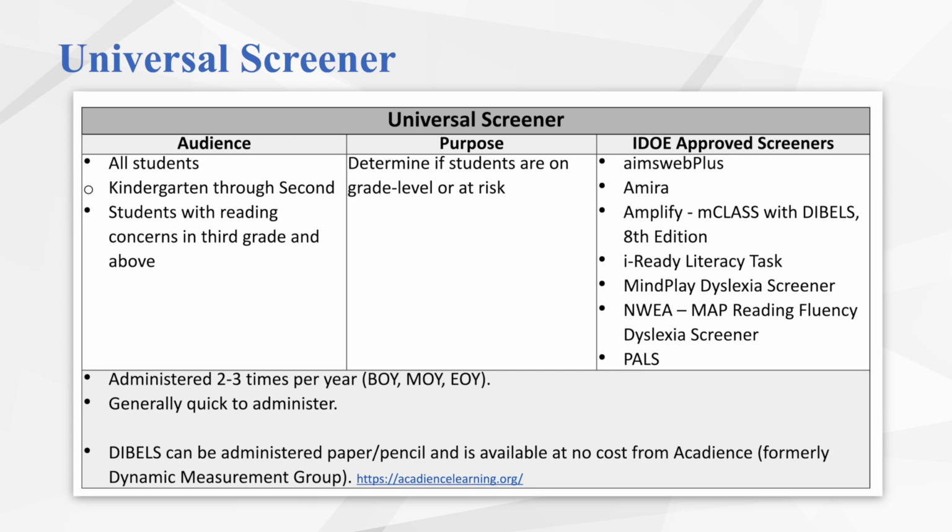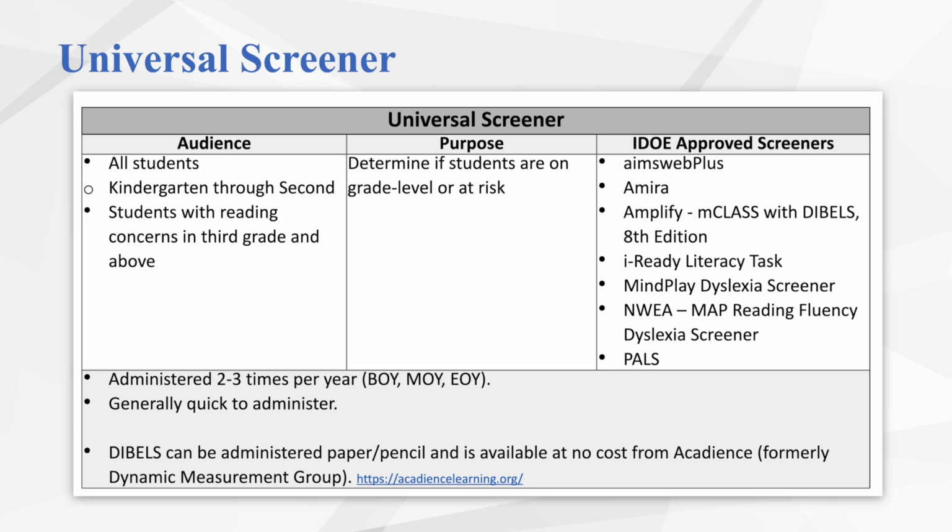Most universal screeners are done multiple times a year, and because they're given to all students, it's important that they're quick and easy to administer, typically less than 10 minutes. On that point, those assessments that are administered one-on-one or face-to-face often have fewer items because of the time commitment.